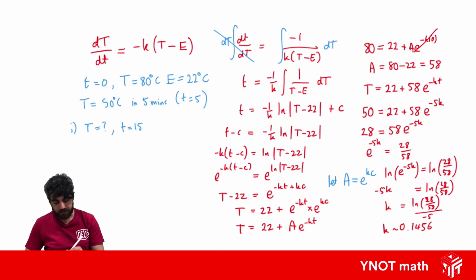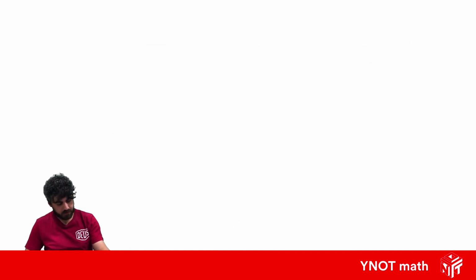And we're going to go ahead and use that to finally find our T, our temperature when time is 15. So this means our formula can now be written as T equals 22 plus 58 e to the minus 0.1456t. And remember, we were after the temperature after 15 minutes.